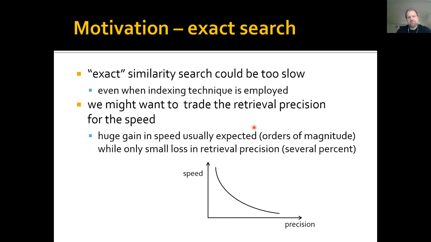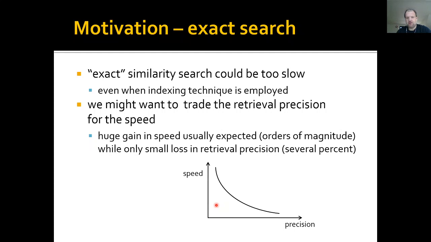So in this situation, we would like to speed up the search much more, but that would be at the cost of exactness of the search. So we will switch to approximate search, and this switching to approximate search is usually under the expectation that we get a huge speed up for just a small loss in the precision.